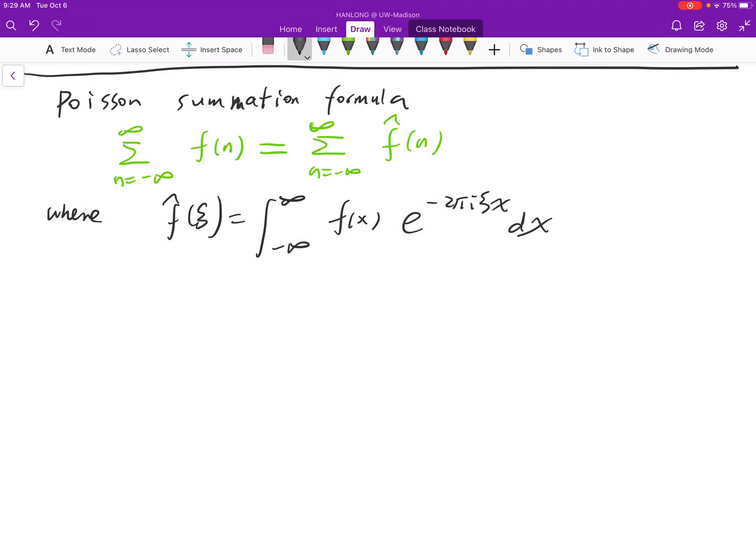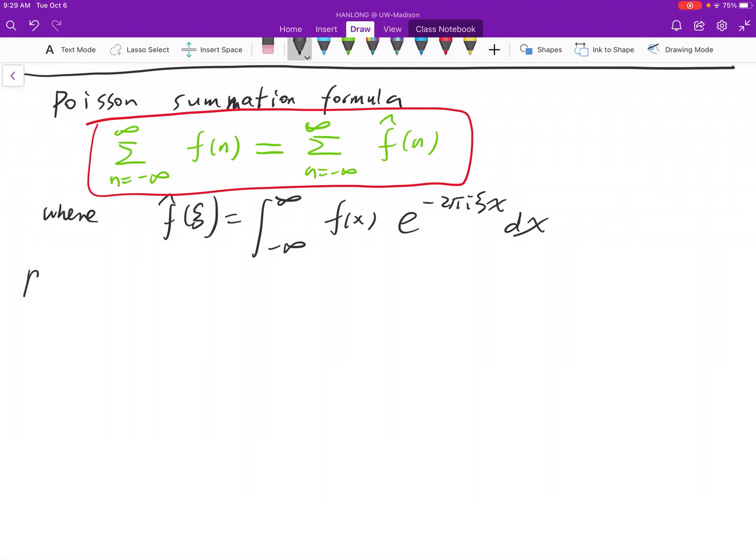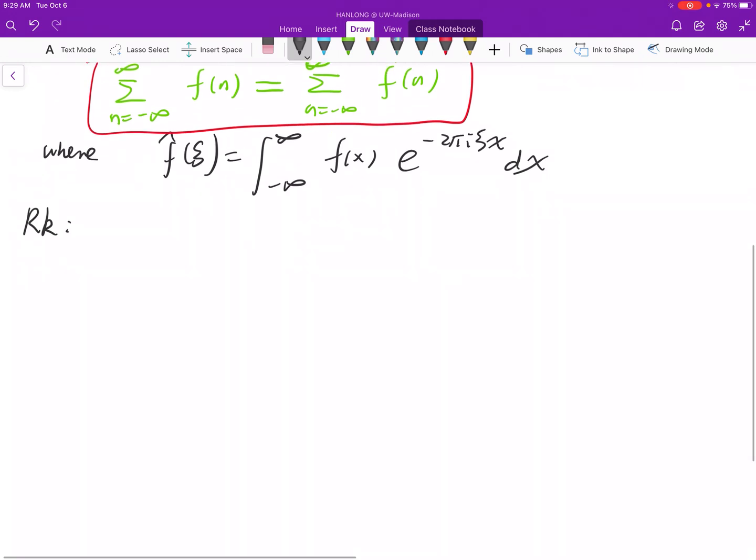Before we move on, we need to explain a little bit. This transformation is called the Fourier transformation.